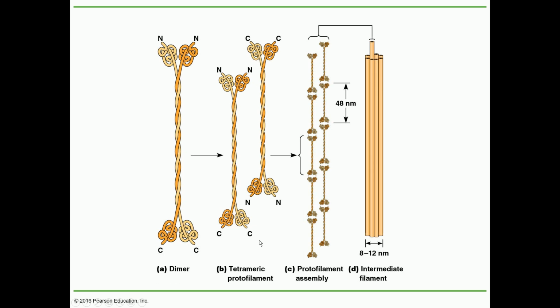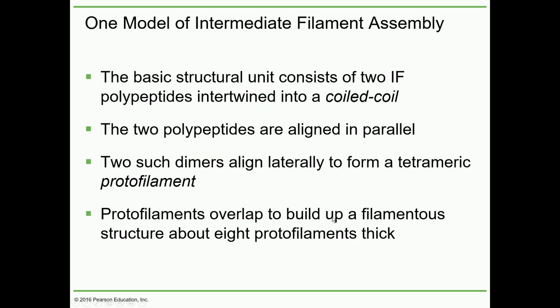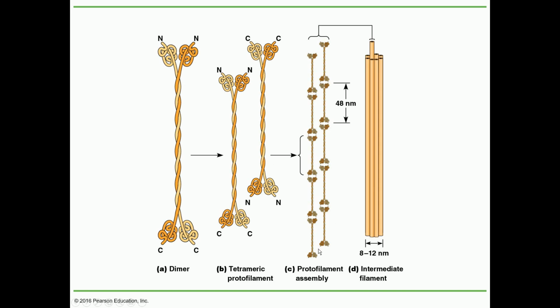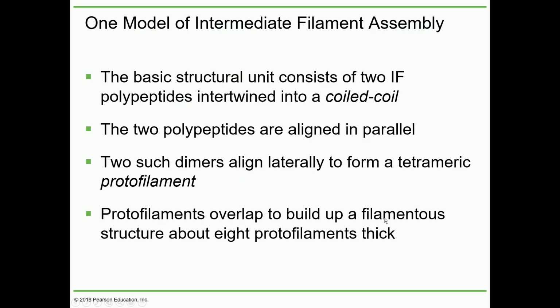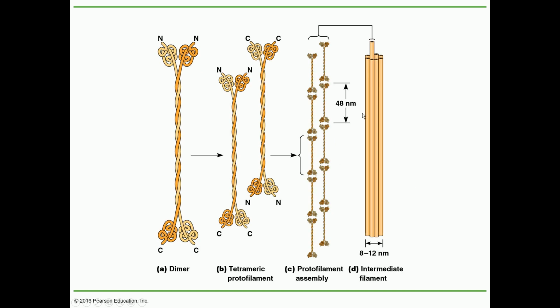They can overlap like this and form a structure like this, and it has 8 protofilaments. So this is one intermediate filament.